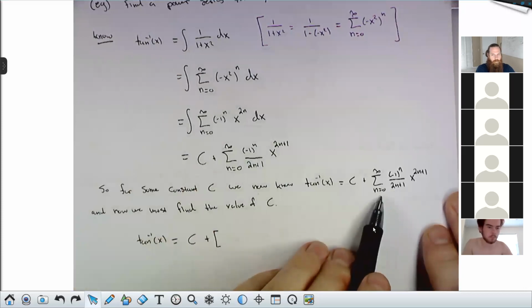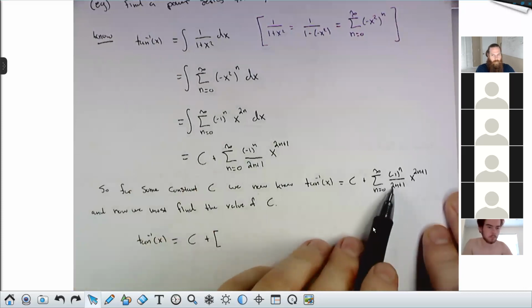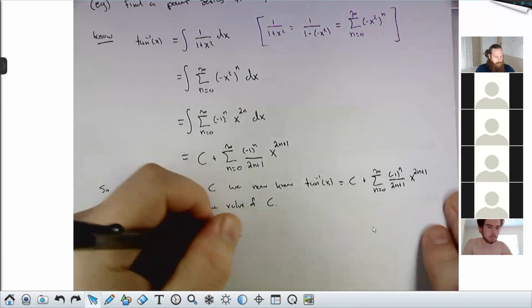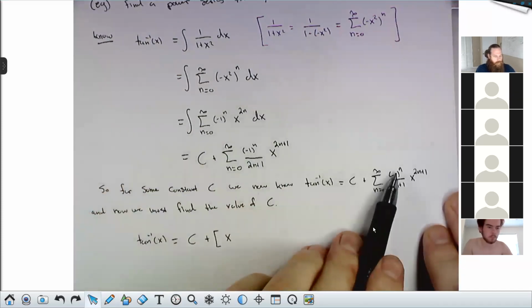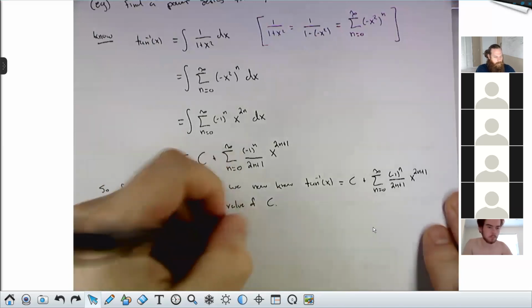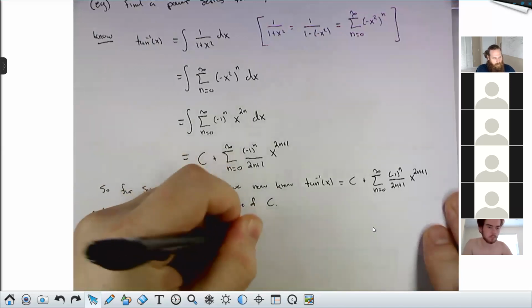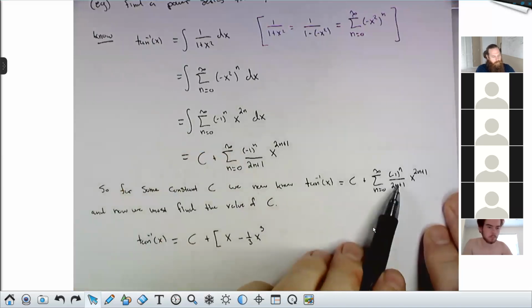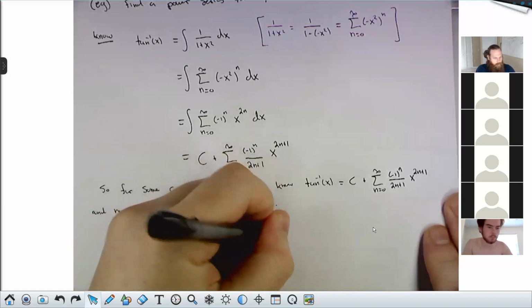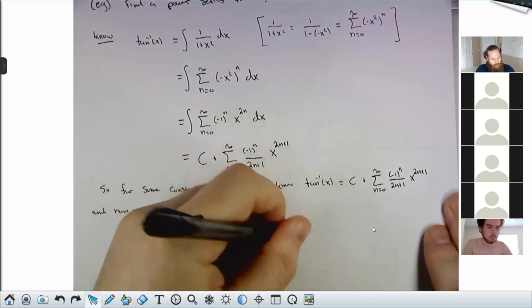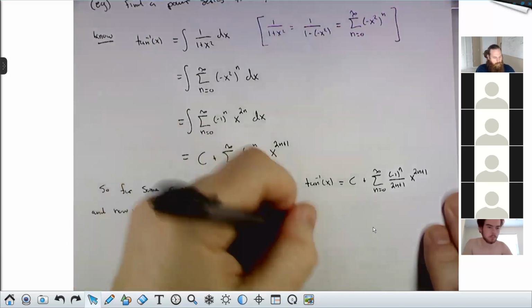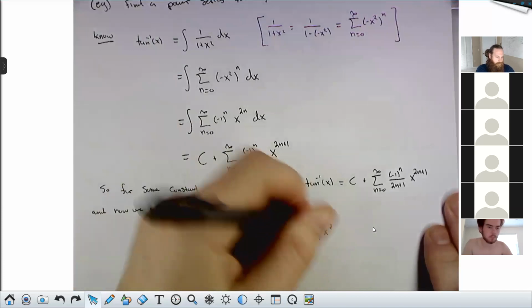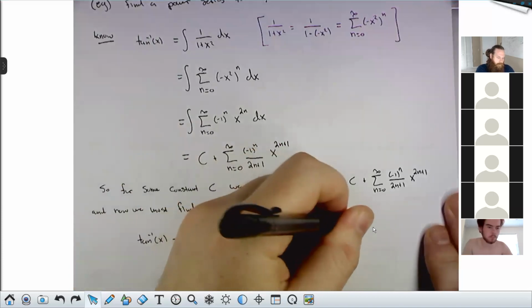Well, when n is 0, I get 1 over 1 times x to the 1. When n is 1, I get negative 1 over 3 times x cubed. When n is 2, I get 1 over 5 times x to the 5. And then 1/7, x to the 7, and so on.